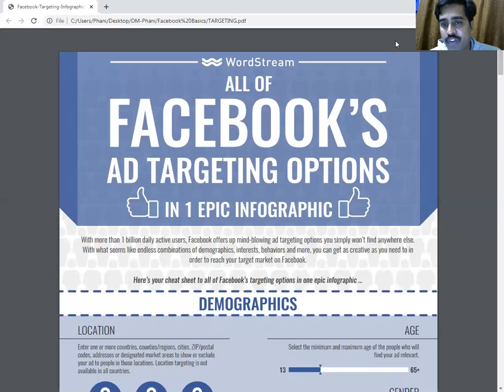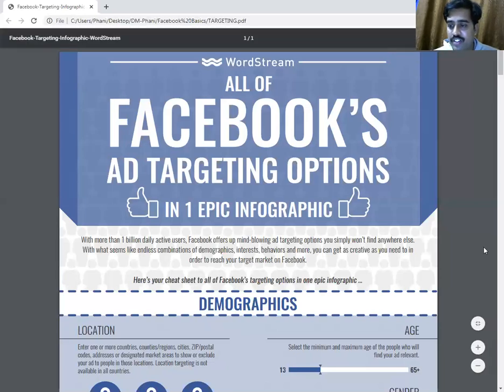Then it will have advanced demographic segmentation under the same demographic category. The second category is interest based targeting, and then comes behavior based targeting. So depending on your behavior, your interest, and your demographic, it is going to target. So let's look at a few things which are very interesting here.